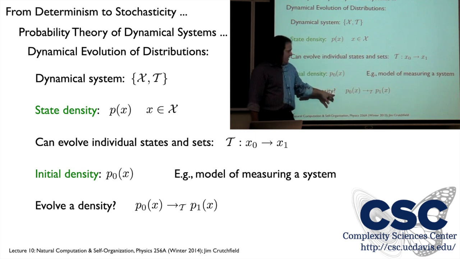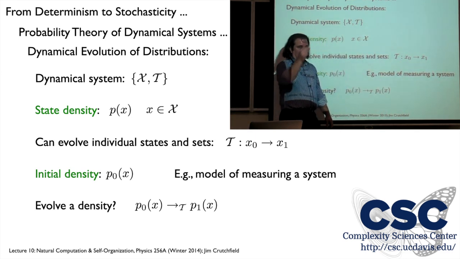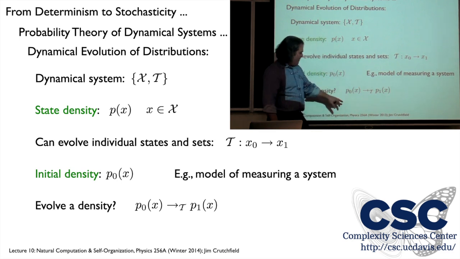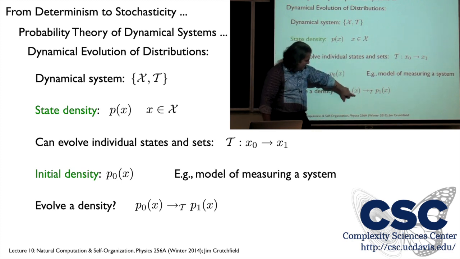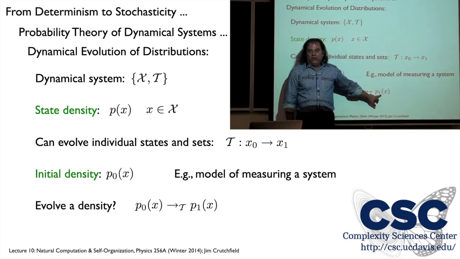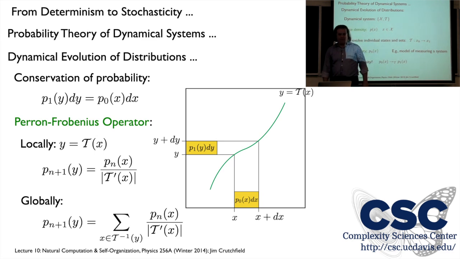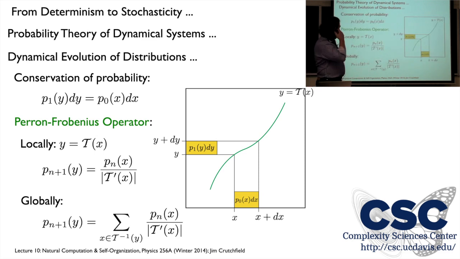So how do we evolve a density? We know how to evolve points. We just look at the dynamic and follow the arrows or apply the function to the discrete time mapping. But how do we take an initial distribution and move it forward under the dynamic to produce the distribution at the next time or next instant? So that's the question here. We understand it intuitively, but how are we going to describe that mathematically?